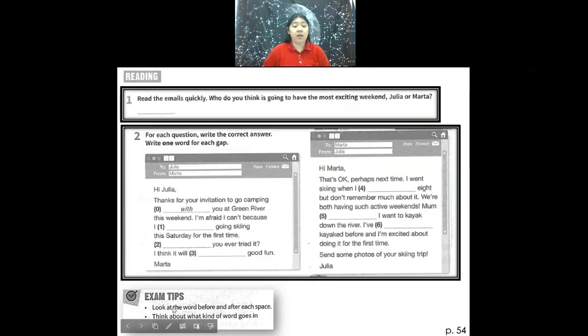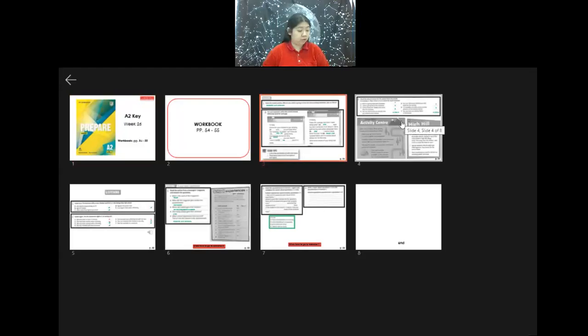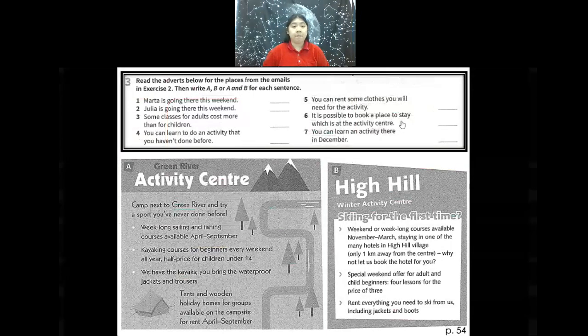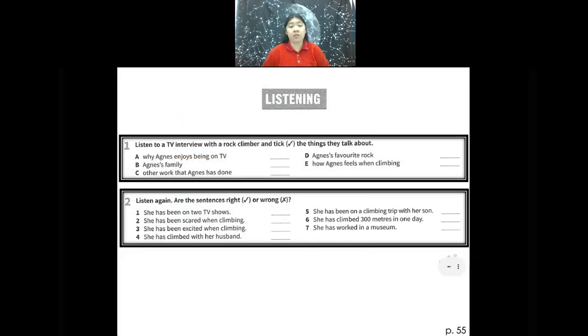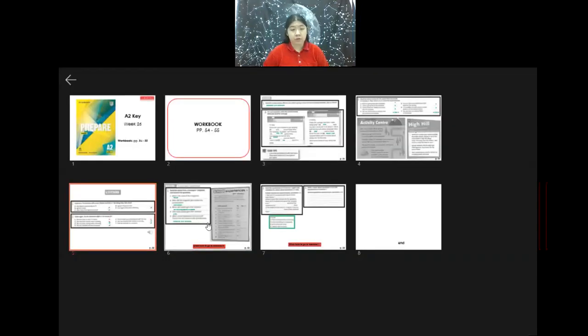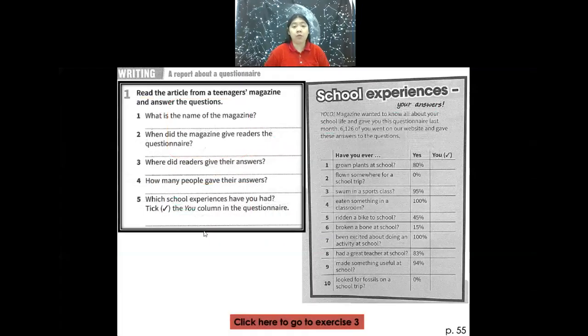You have writing here, and on page 54 you have reading, and then listening is on page 55. It looks like this. A TV interview, and then are the sentences right or wrong? And there's also writing here, a report about a questionnaire. We didn't really do this one in class, so I'll try to go through this one with you in detail. This is for page 55.